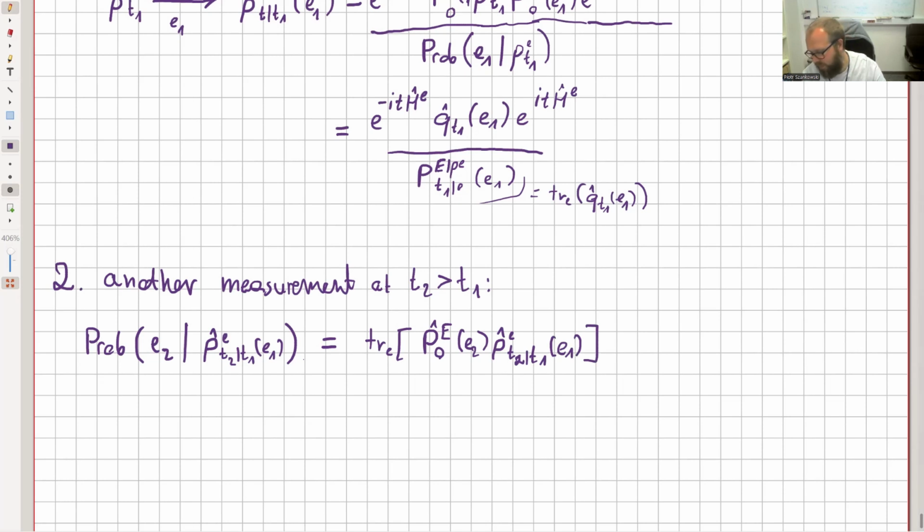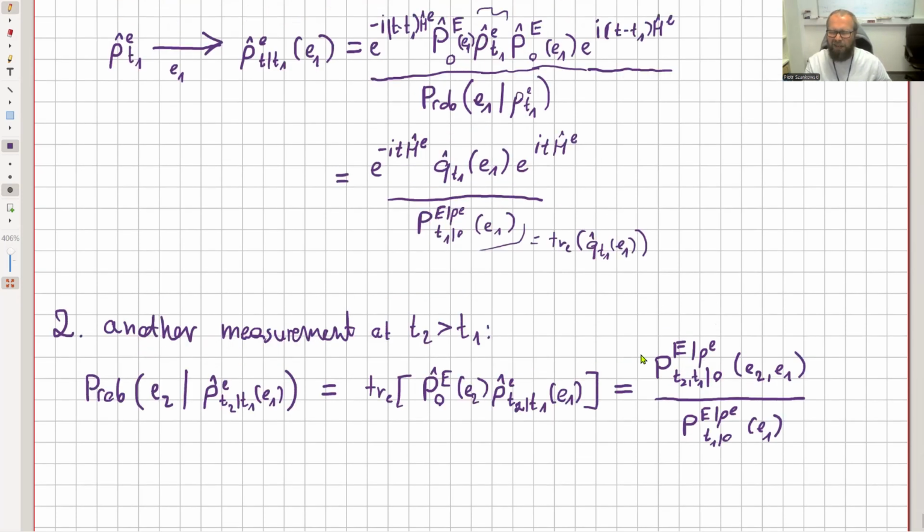You do the math and you get that it's actually equal to P E rho E T2 T1 0 E2 E1, and the normalization comes from here. P rho E T1 0 E1.